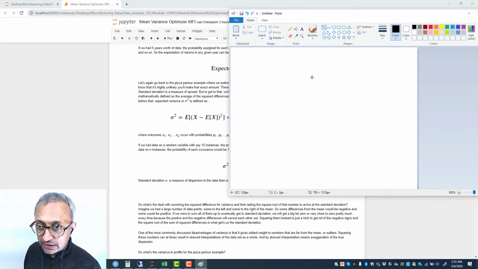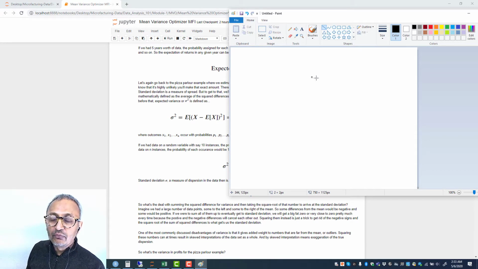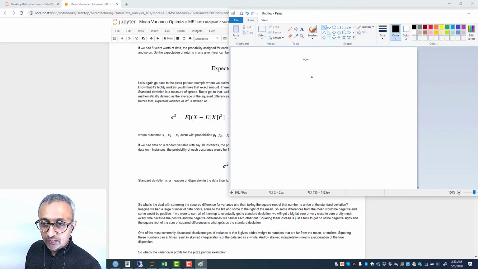Let's say this mean is basically the average of all possible outcomes. Let's say you have a data set, right? You have a column of data, say measuring the height of someone, and you calculate the average of that, right? So you have this mean, and then you have some data around that mean, some here, some here, some here, and so on.